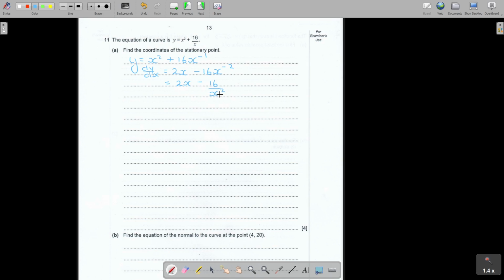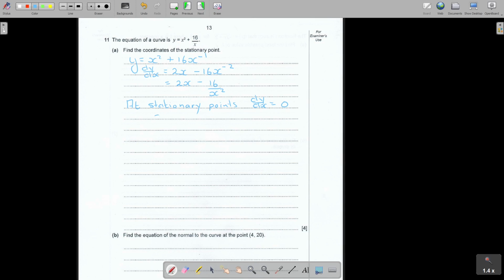Now for the stationary points, at the stationary points, dy over dx is going to be 0. So I'm just going to put that equal to 0.